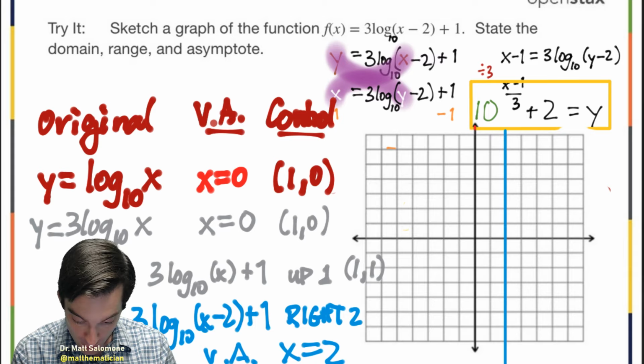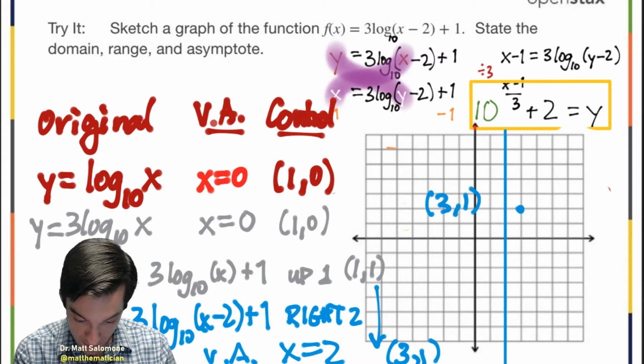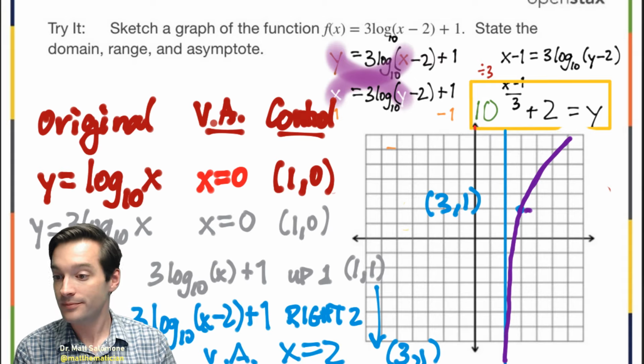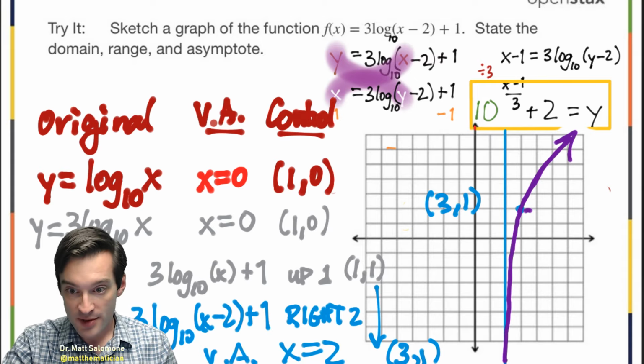And my new control point is going to move from 1, 1 to 3, 1 instead. So 1, 2, 3, 1. 3, 1 is going to be my new control point. And so my graph ends up looking like that. And that is what we saw on our grapher, right?